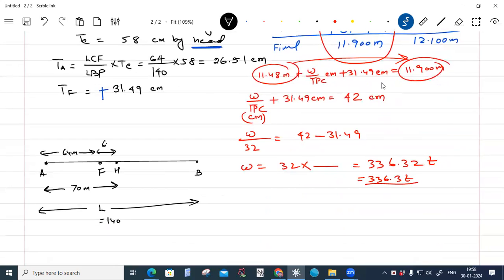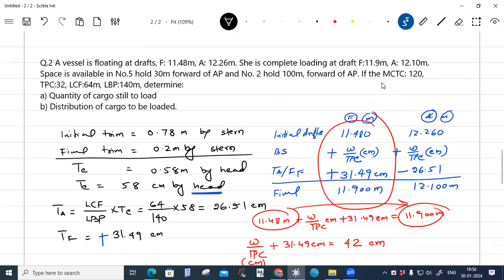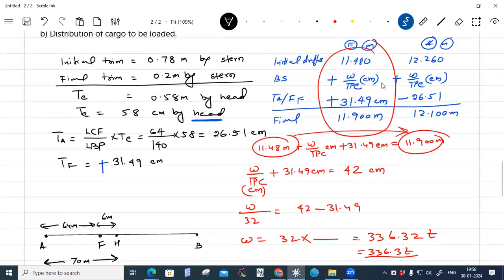Make sense? Yes. And how much cargo is there? Where is the space available? Number 2 cargo hold, 100 meters.